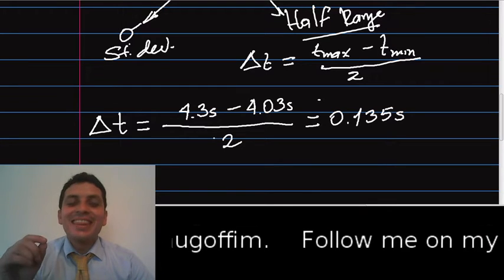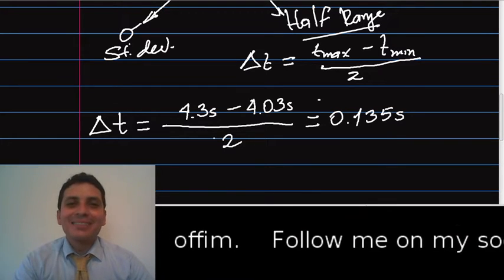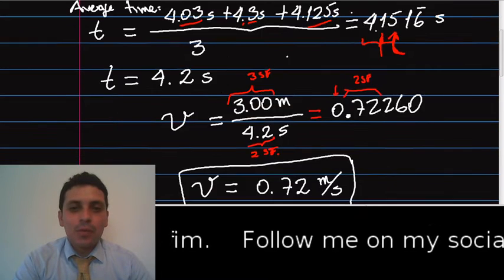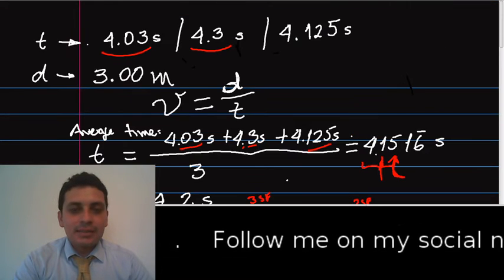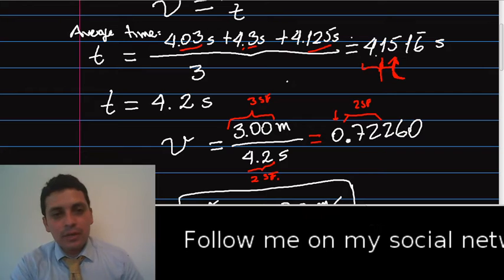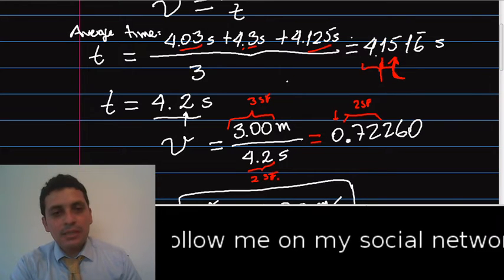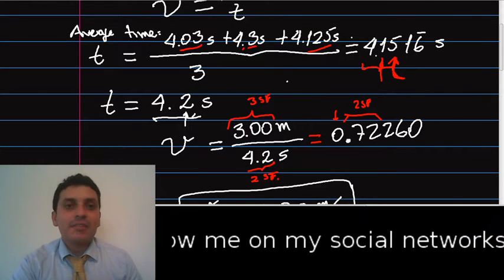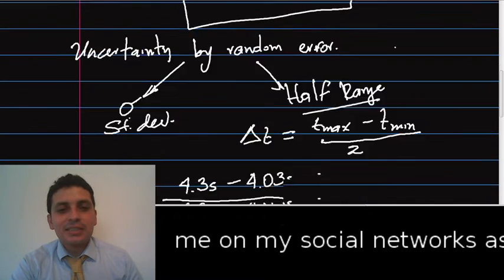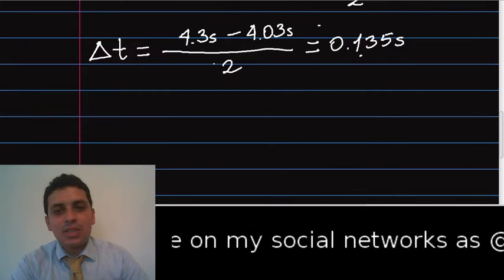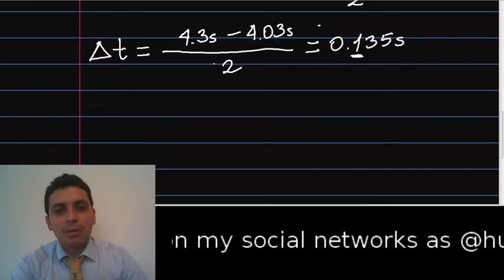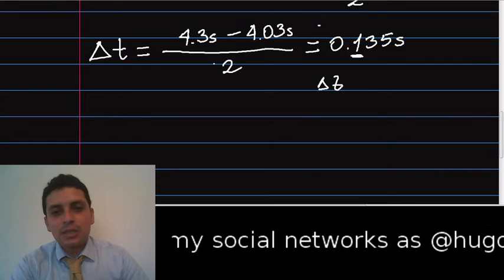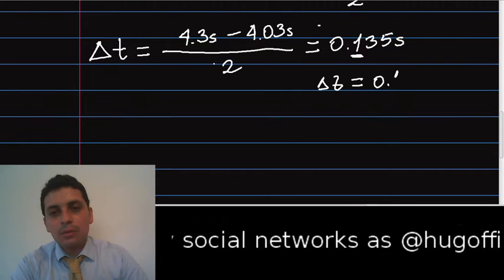And this is when we apply the rule for significant figures. What we get as time, when we've calculated, we use just one decimal place due to the rule for significant figures. So we're going to set the uncertainty with just one decimal place. In this case, our uncertainty will be 0.1.